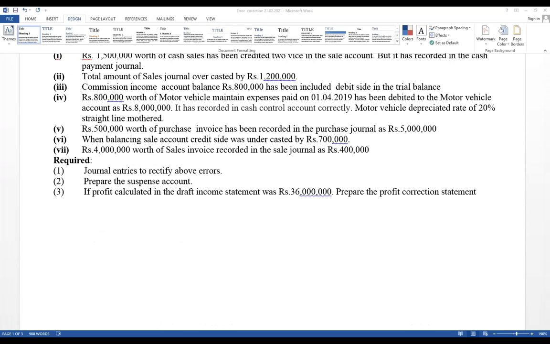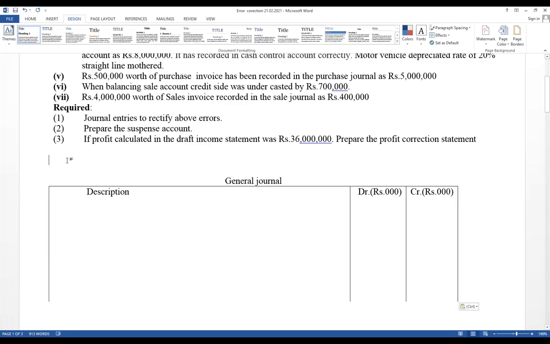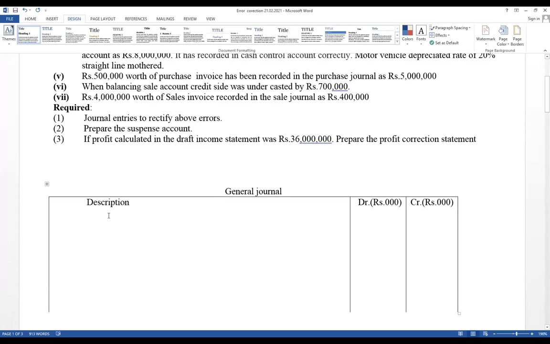This is a way. First one, prepare the general journal. Error correction should be recorded in the general journal. General journal like this: description, then debit and credit. If it has given a journal voucher number, you have to prepare a separate column for the journal voucher.